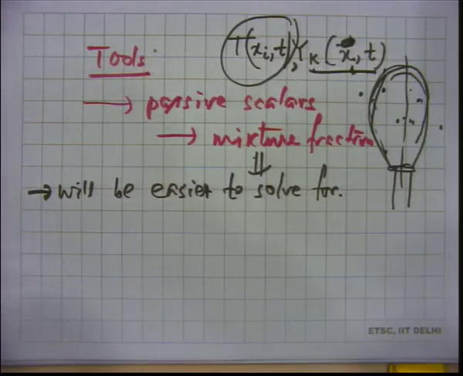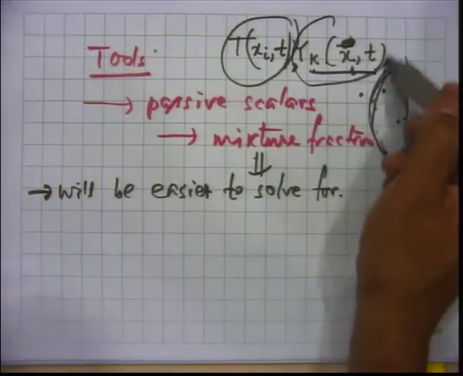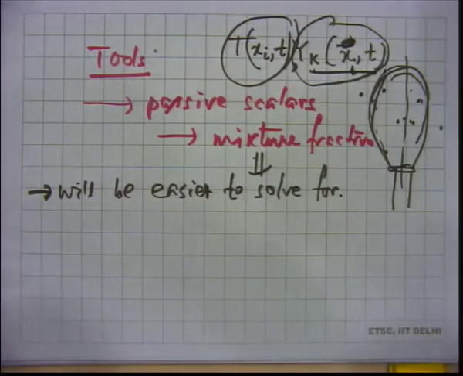You will definitely like to do that for temperature, you will definitely like to do that for various species mass fractions. So, what I am saying is, if you are interested in mixture fraction and you want to get mixture fraction at various xi and time, you will need an equation for that mixture fraction and boundary conditions. Do we have those?